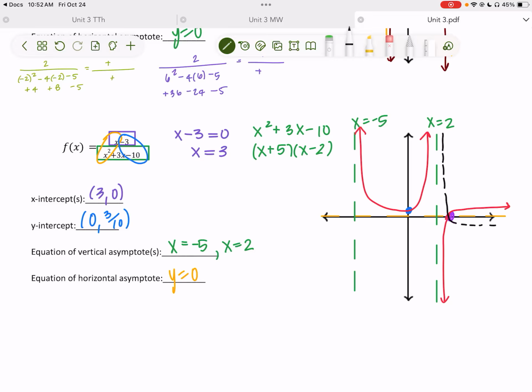You could plug in a point to confirm that it's actually the red one. So plug in x equals 3 and y is going to be positive, and that will tell you that that line is going to be above at that spot.